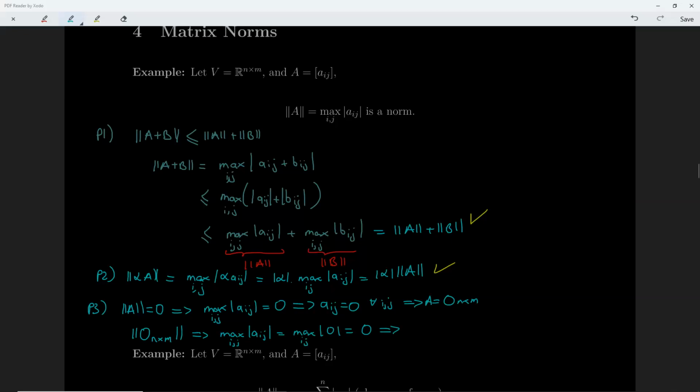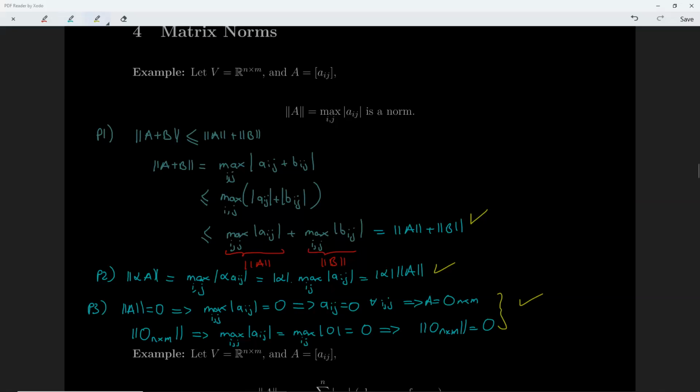And I can conclude that norm of 0 n by m matrix is equal to 0. So those two are also checked. We showed that in both directions.